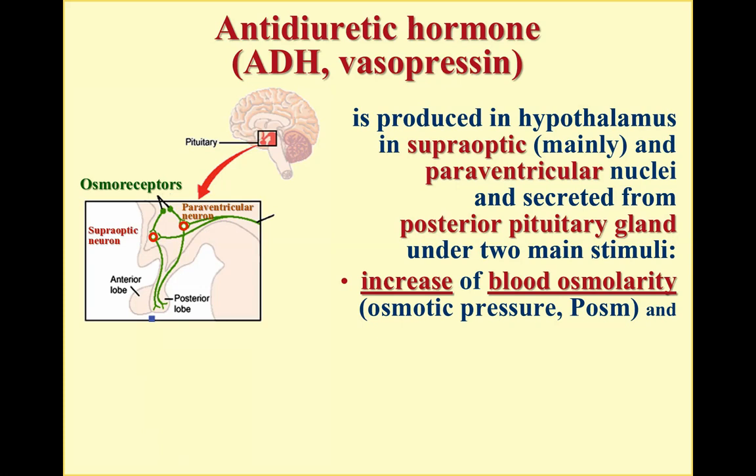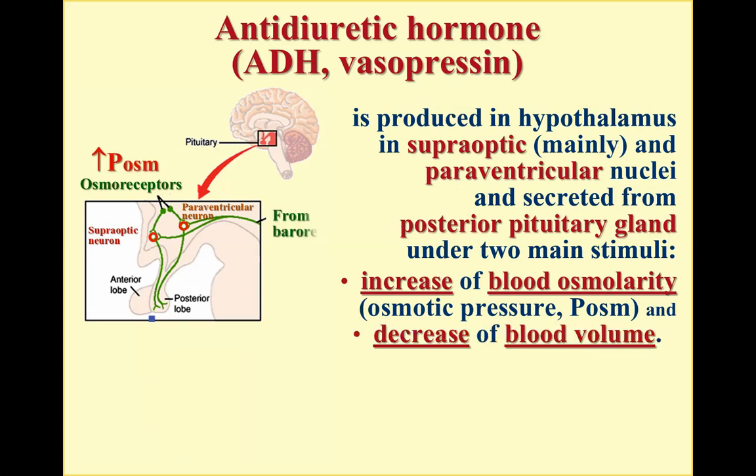This stimulating factor is number one for secretion of antidiuretic hormone. And cells secreting ADH are most sensitive to exactly higher level of osmotic pressure, increase of the osmotic blood pressure. The second factor is decrease of blood volume, and baroreceptors influence these cells and secretion of antidiuretic hormone changes with decreased blood volume.